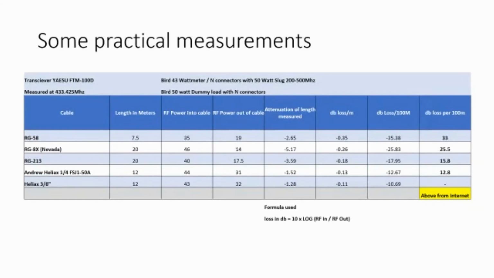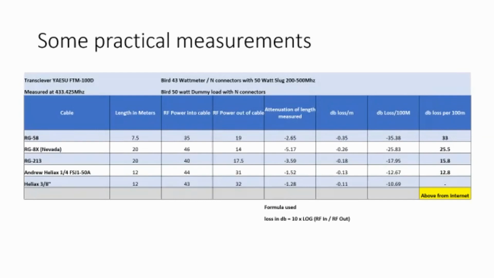And I looked up RG8X and it comes in at 25.5 dB per 100 meters on the internet. So again, that's proving that this practical way of measuring a length of cable is working, because we're getting results very similar to the published specifications.